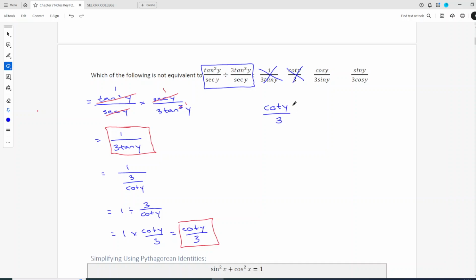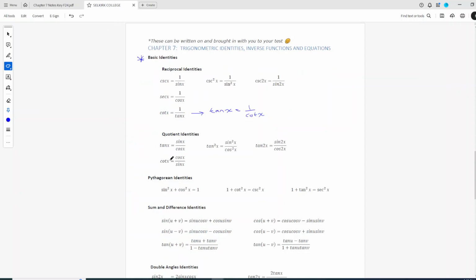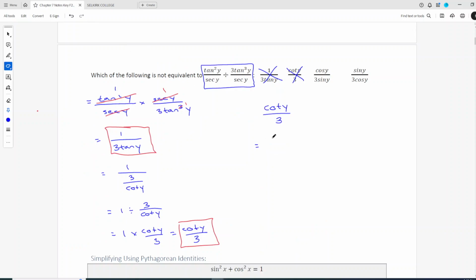So I have cotan y over 3 and I want to change it into cosines and sines. To do that, I'm going to look at my quotient identity, which states that cotan x is equal to cos x over sine x. So I'm going to rewrite this as cos y over sine y all over 3. And then again, is this a division? Well, it's this divided by 3.